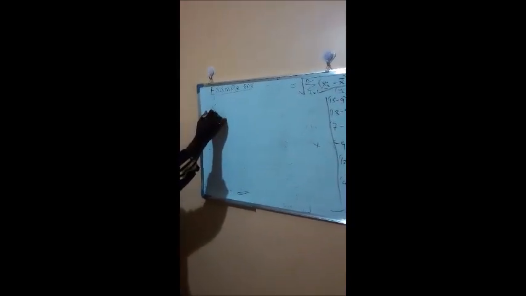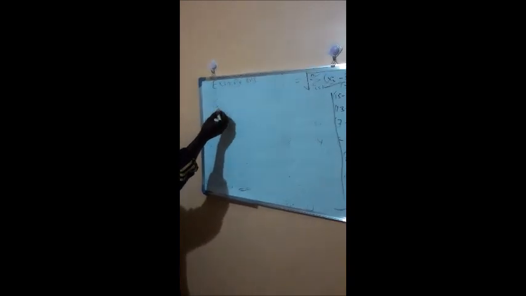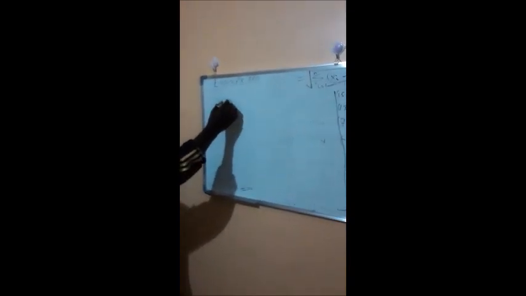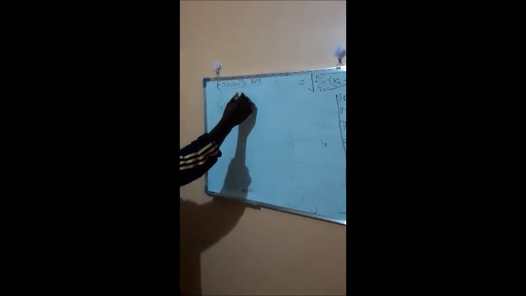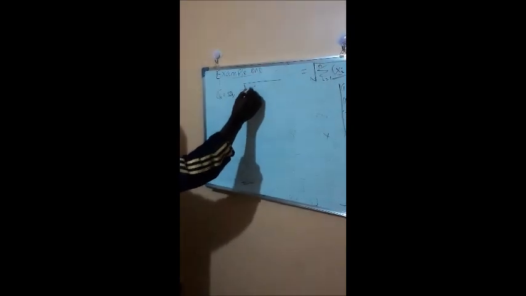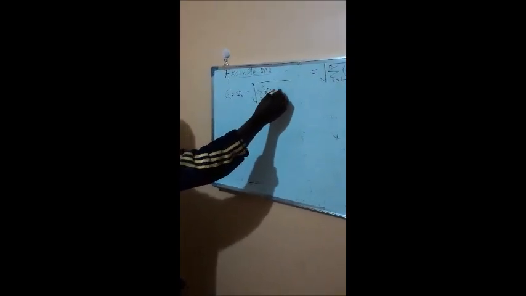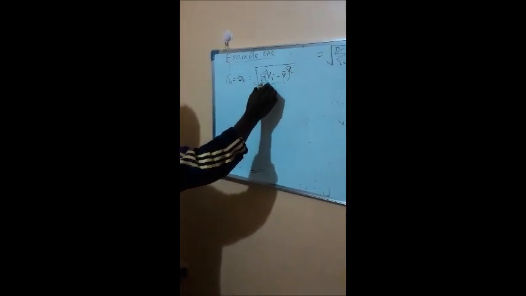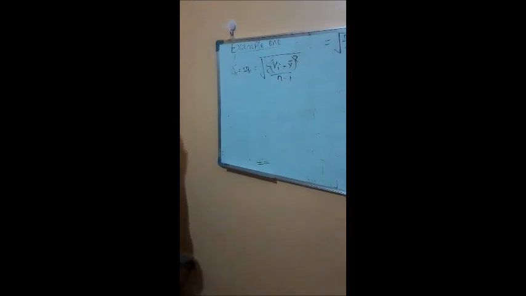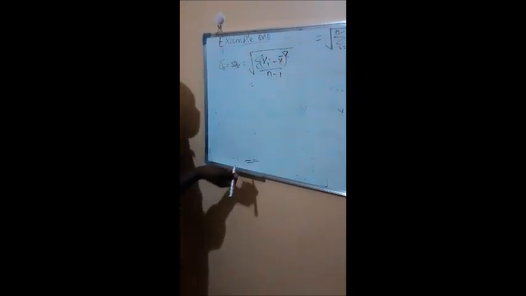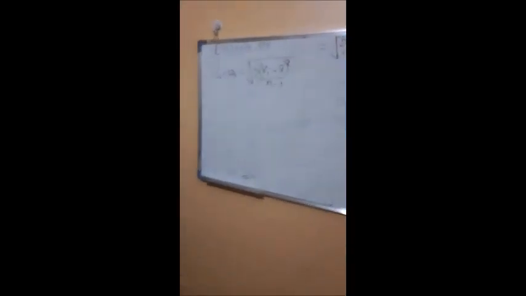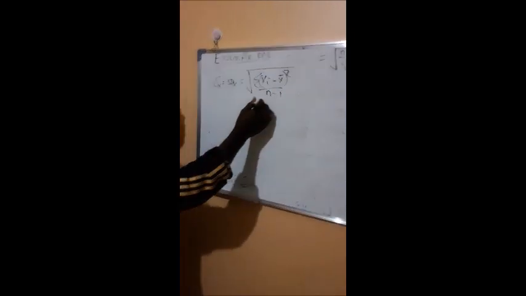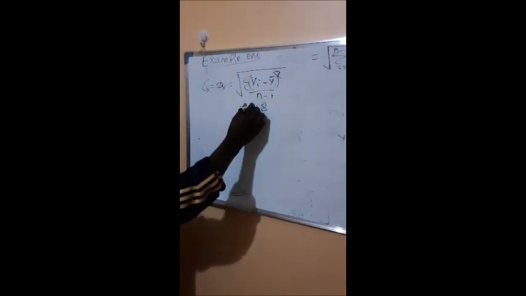Therefore sigma X, which is the standard deviation of X, will be equal to the square root of the summation of Xi minus X bar squared divided by n minus 1. In our calculation, the summation of Xi minus X bar squared was 118.